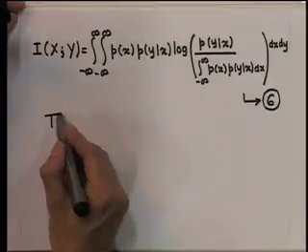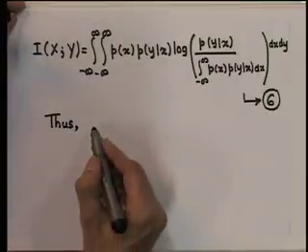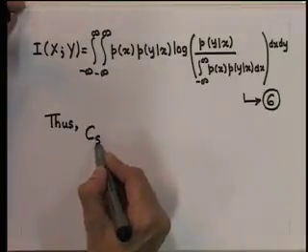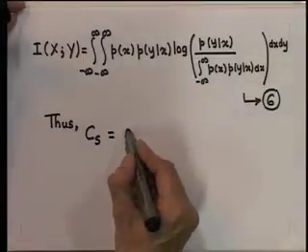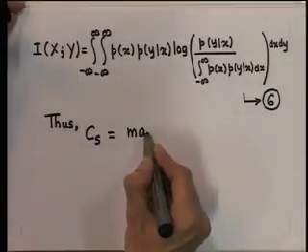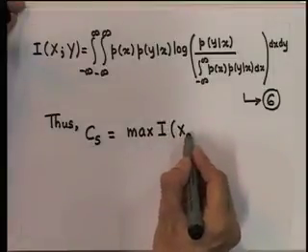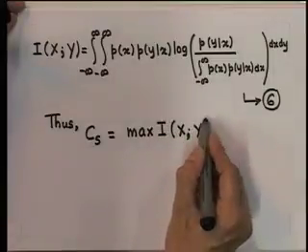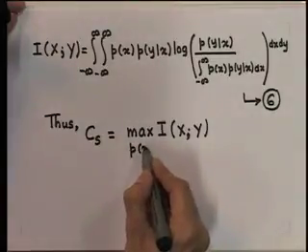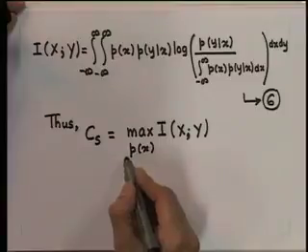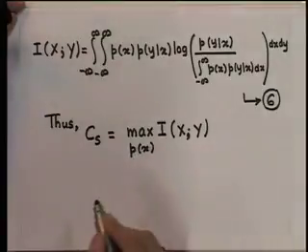Thus, we can define the channel capacity per sample as Cs is equal to maximum of mutual information over all input probability density P(x).